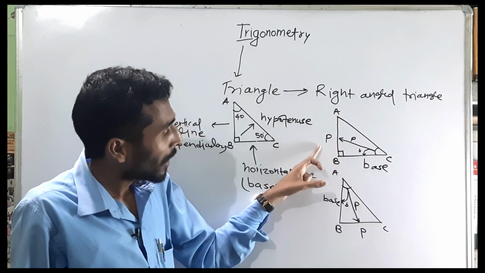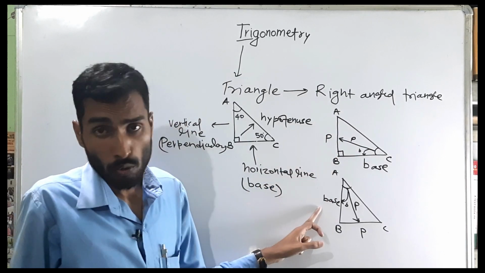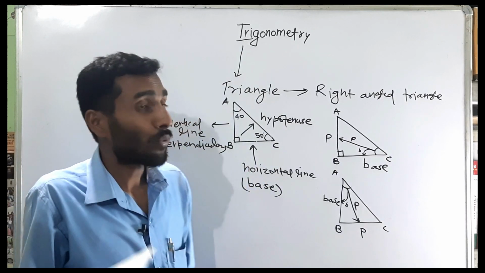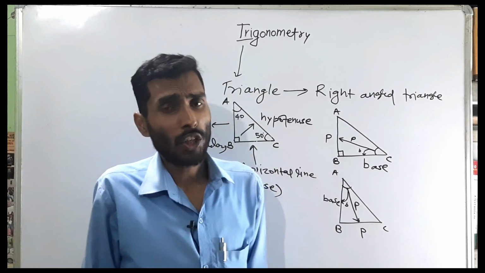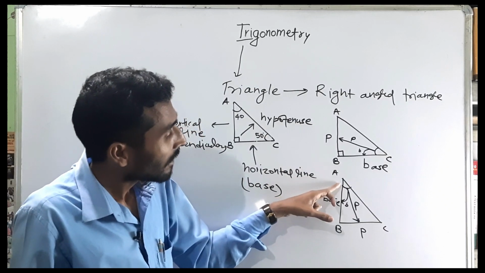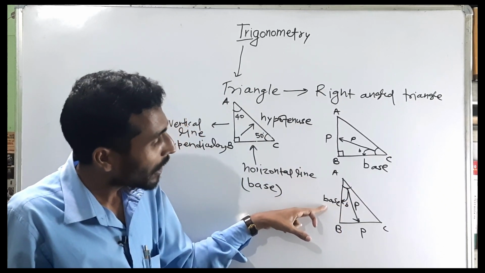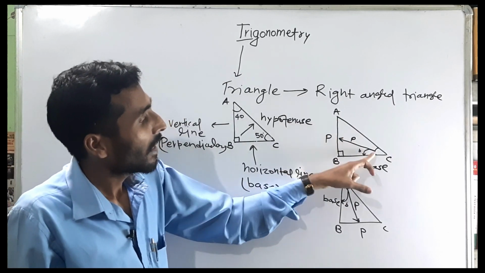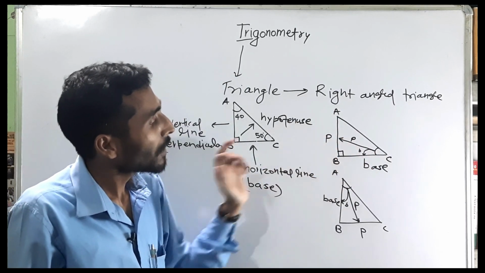So AB is perpendicular and AB is base also, but it depends on which angle we are talking about. For A, AB is base, and for angle C, the opposite side AB is P.